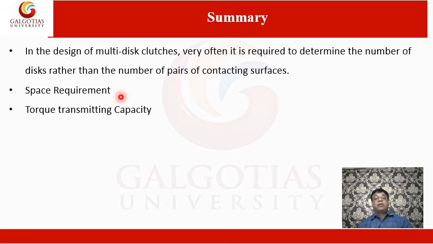The torque transmitting capacity of multi-plate clutch is more in comparison to single plate clutch, and other comparisons are discussed in the lecture based on single plate and multi-plate and dry versus wet plate.